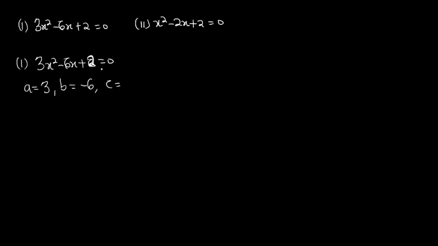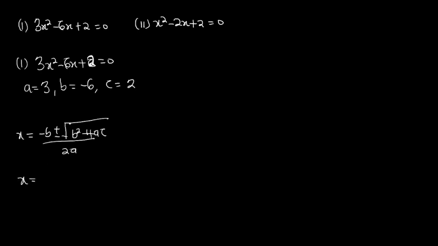And my c, which is the constant, is 2. Now I can write my formula. My formula is x is equal to minus b plus or minus the root of b squared minus 4ac, all over 2a. So this is my formula for finding the value of x. So I do the substitution.